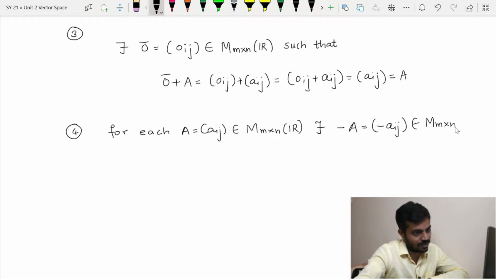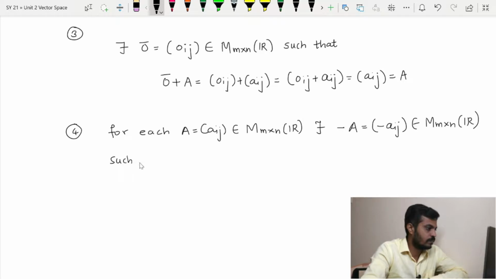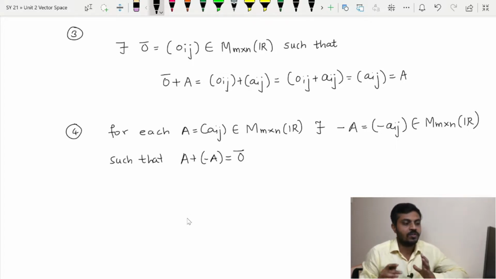This is important. Such that A plus minus A will be equal to our zero vector, we are calling it 0 bar. Thus the inverse of each element exists in the set of m by n matrices with real entries.